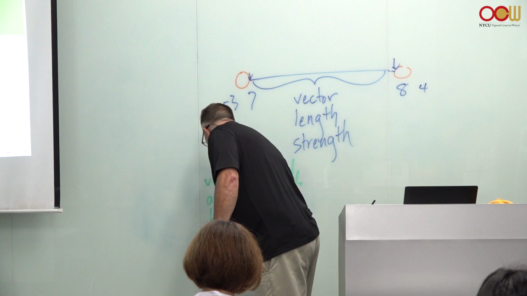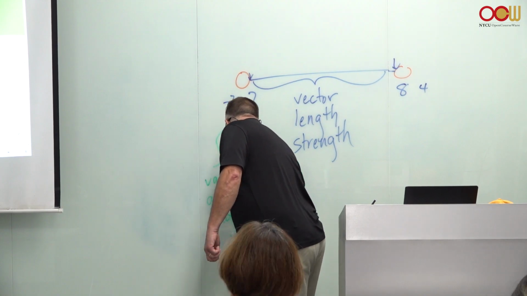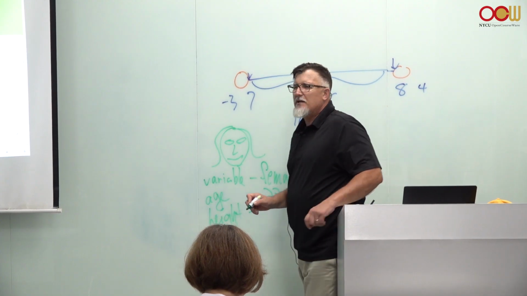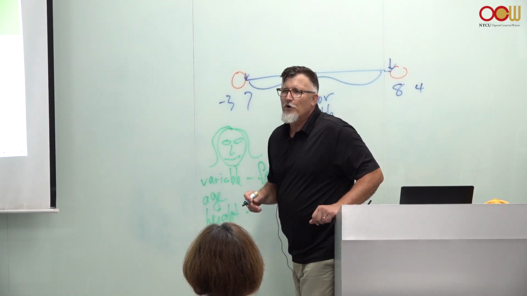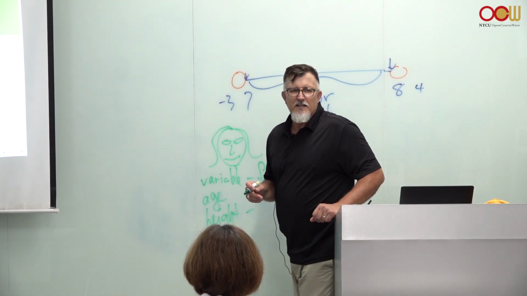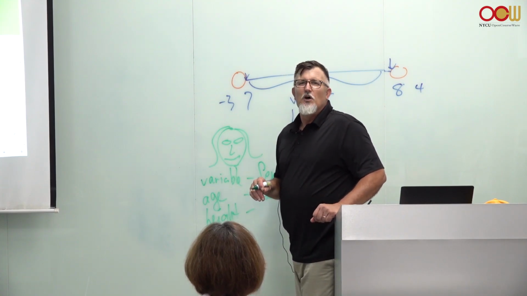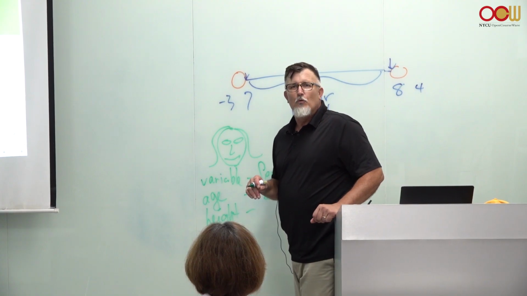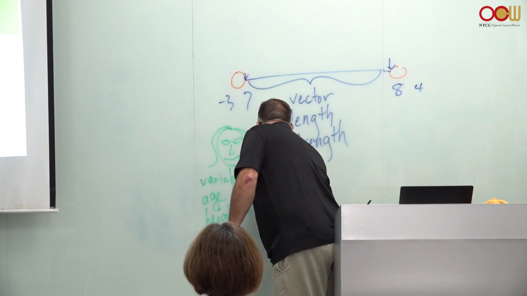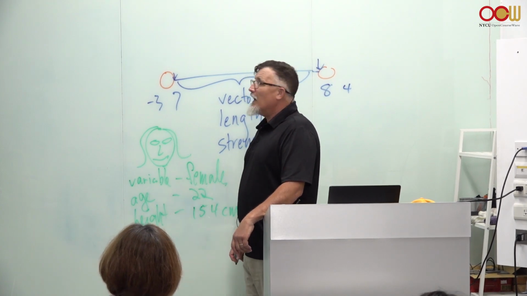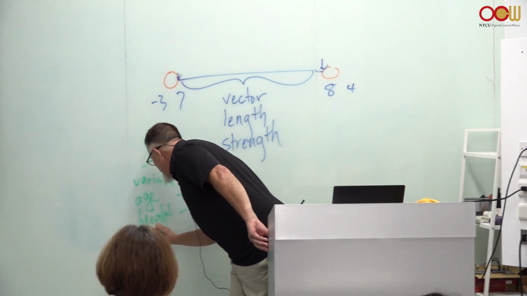I might have a variable for height. I don't know, what's height in centimeters? I'm used to 5'4" in inches, or 5 feet 4 inches, is what in centimeters? 154. So variable age, height, maybe one other thing, occupation.